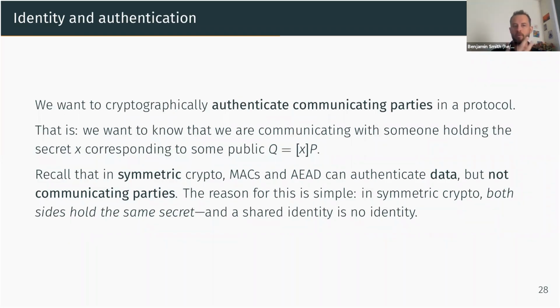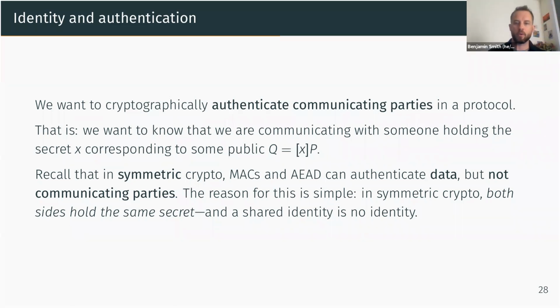And so to prove your identity, you need to prove to someone that you hold the private key. Or if someone shows up and says, all right, I'm Alice, I want Alice to convince me that she's holding the private key corresponding to what I think is Alice's public key.